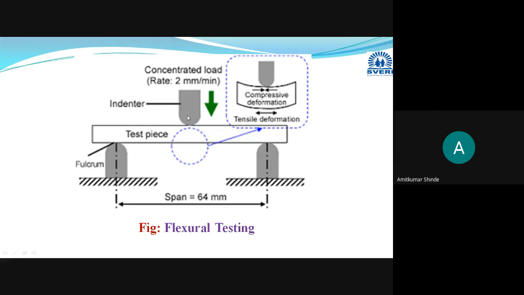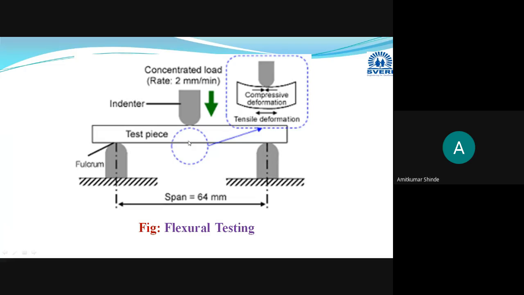In short, at this top surface compressive deformation will be there, and at the bottom surface tensile deformation will be there, and due to that a crack will be created here. And in this test we are going to determine the maximum stress that can be carried by the outer fiber.